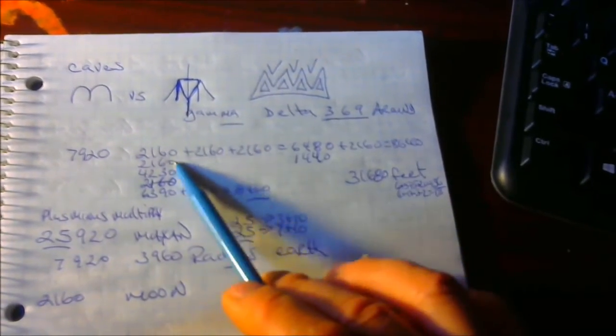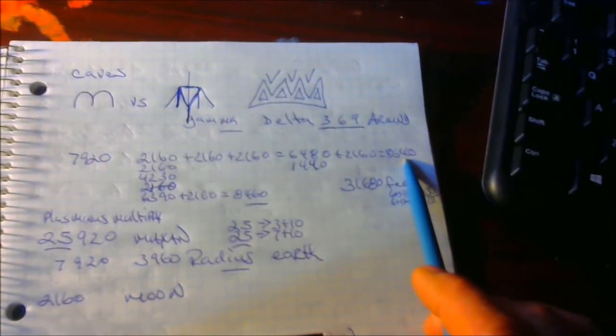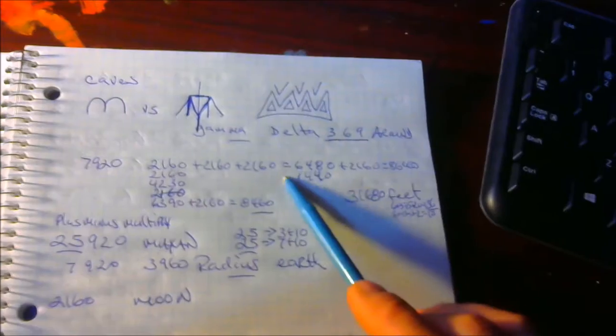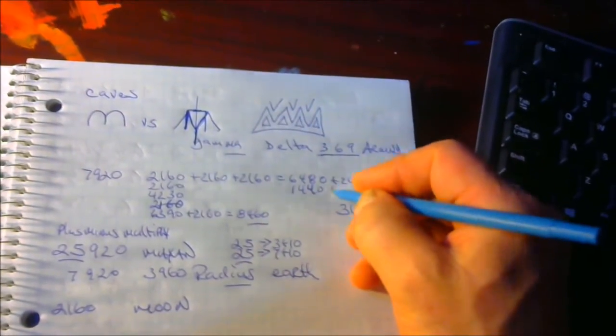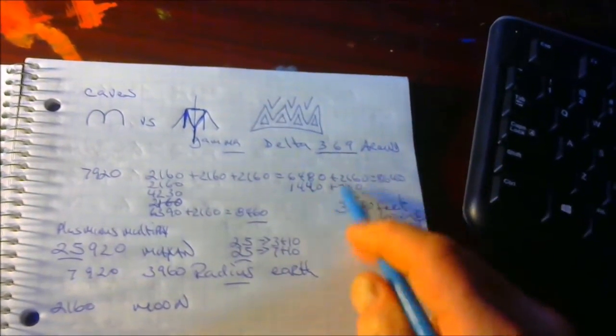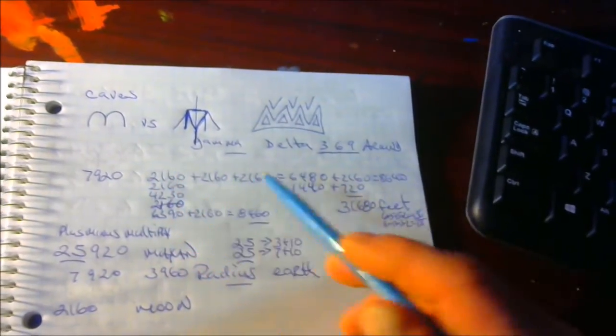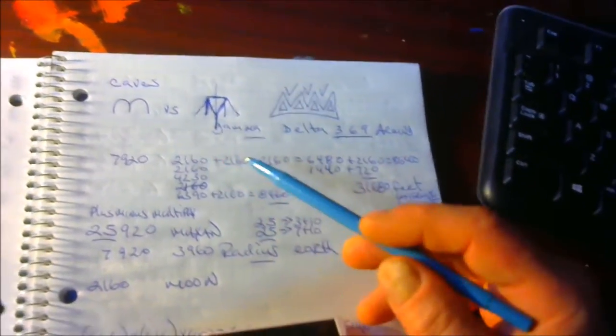When we multiply 2160 by 4, we get 8640. And this is the addition of the Earth 7920, 1440, plus 720, which is 1.5 times, giving me this total configuration of this number in the moon, 2160.